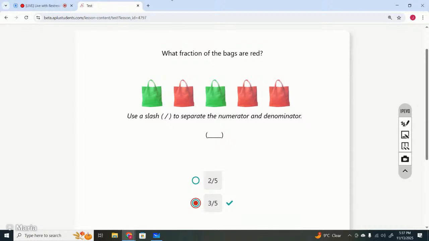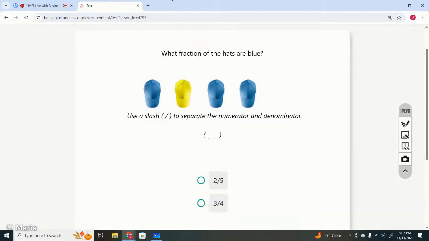Option number 2 is the correct option. What fraction of the hats are blue? That is 3 by 4. Option number 2 is the correct option.